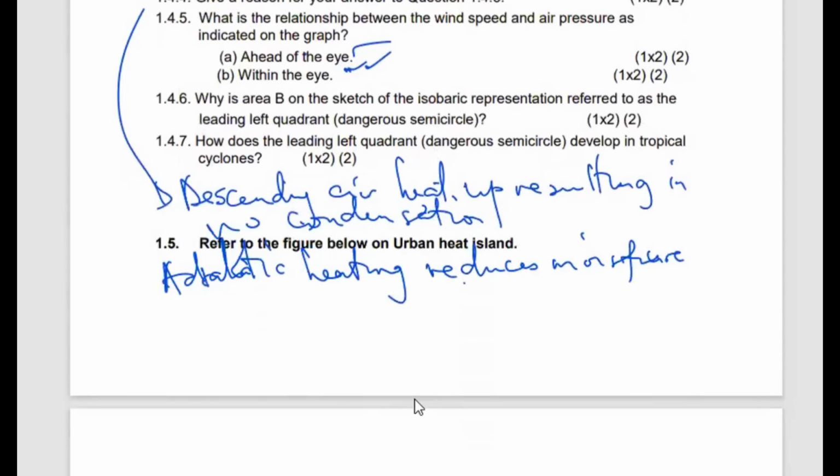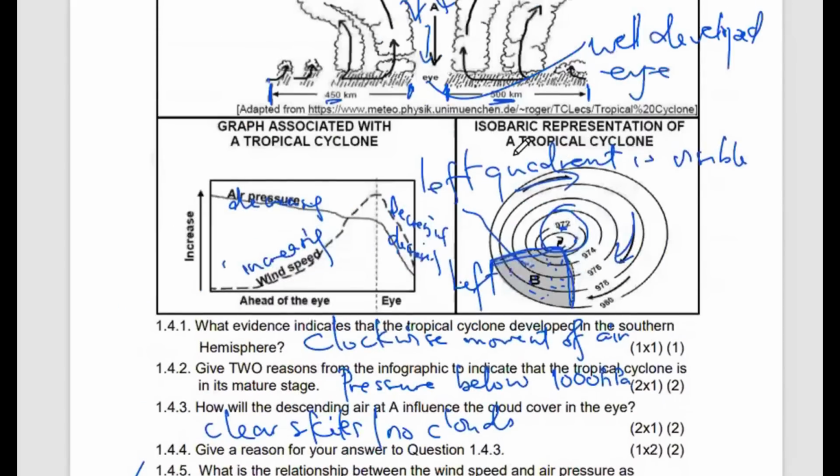Why is area B on the sketch of the isobaric representation referred to as the leading left quadrant or the dangerous semicircle? Right, this area here, we call it the dangerous semicircle of the weather system. It's dangerous in the sense that the air speed, or the air movement, is strongest in this section of the weather system.